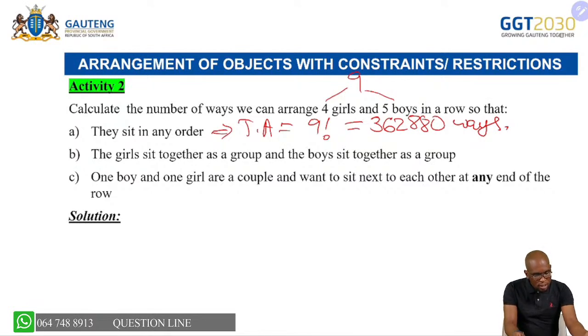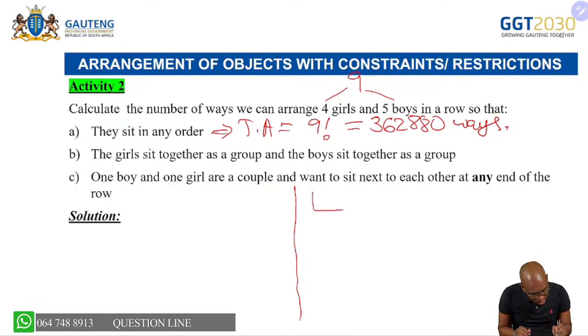Right, now the girls sit together as a group and the boys sit together as a group. So we have this constraint now. The boys sit together as a group and the girls sit together as a group. Now, if we want to arrange those ones, the girls sit together, we can have our girls as a group.